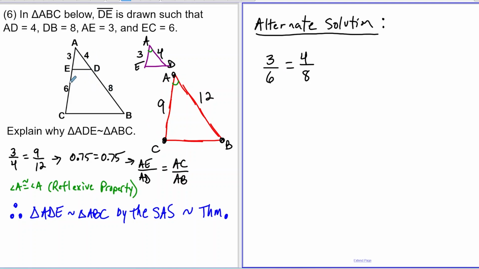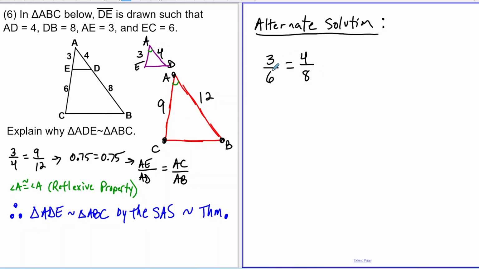The reason is that side EC over here and side DB are not the entire sides of this triangle ABC. So we can't just take a piece of the big triangle and say that this counts as justification for AC over AB being equal to AE over AD. That's why I recommend you draw the triangle separately.